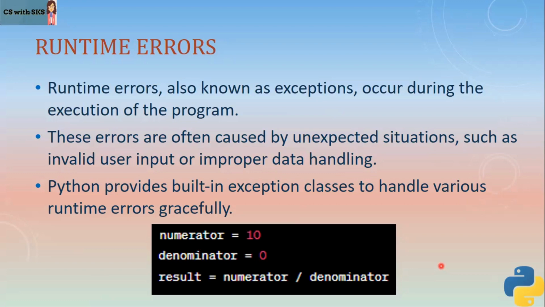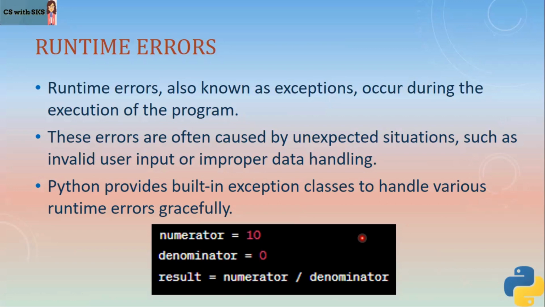For example, during the execution of the program, user is trying to divide some number with 0. So division by 0 is a runtime error. There is no error in the syntax. You are writing everything correctly, right?